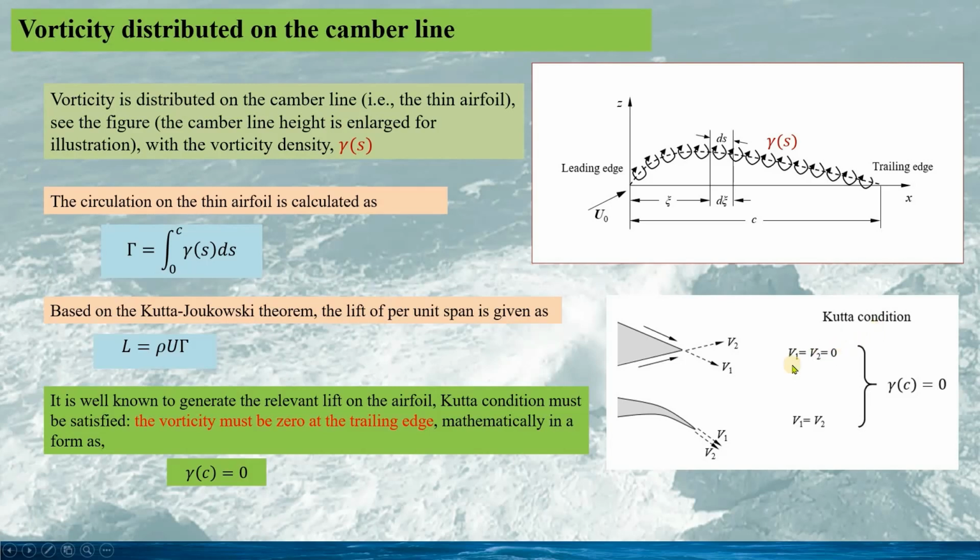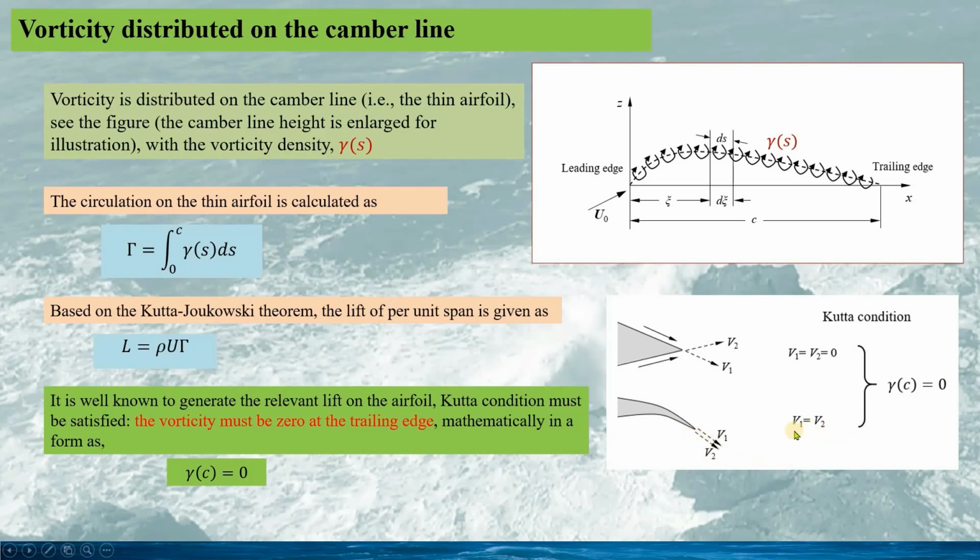So generally, for the Kutta condition, we have two different trailing edges for the airfoil. For the sharp-angled trailing edge, V1 and V2 must be zero so that the flow at the trailing edge can be defined. And for the cusped trailing edge, we have velocities V1 and V2 from the upper surface and the lower surface.